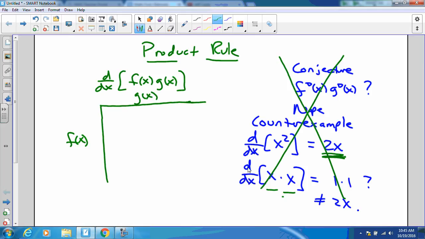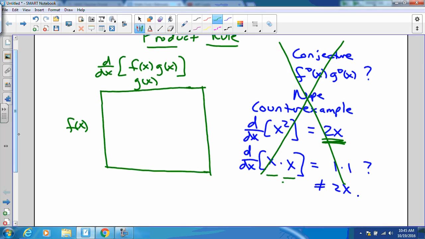So if you imagine that I have a rectangle whose length is f of x and whose width is g of x, what we're going to do is to let x change by a little bit, and we're going to observe how the area, which is equal to f times g, changes when x changes.